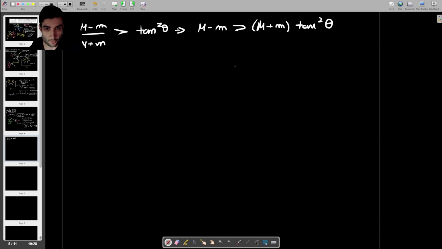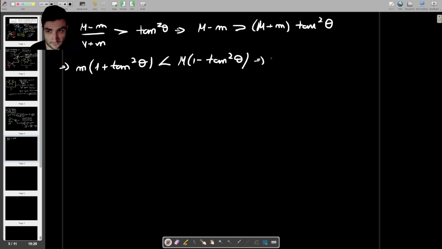And we can rearrange this, and if we do so, we're going to get small m times 1 plus tan squared theta is less than M times 1 minus tan squared theta, which gives us that small m over big M is less than 1 minus tan squared theta over 1 plus tan squared theta.